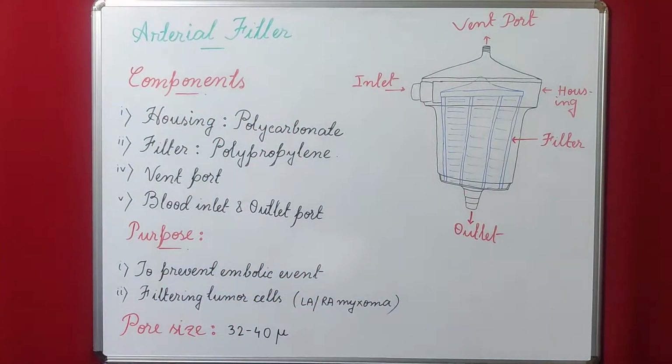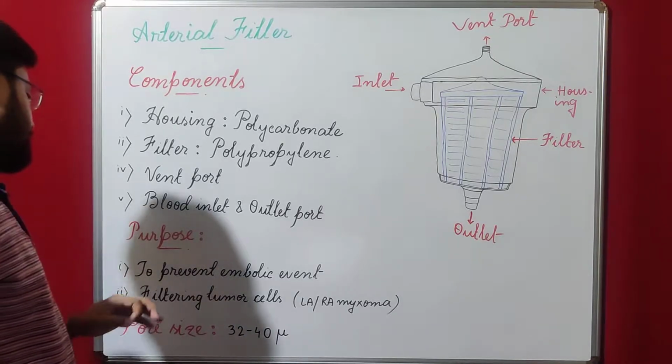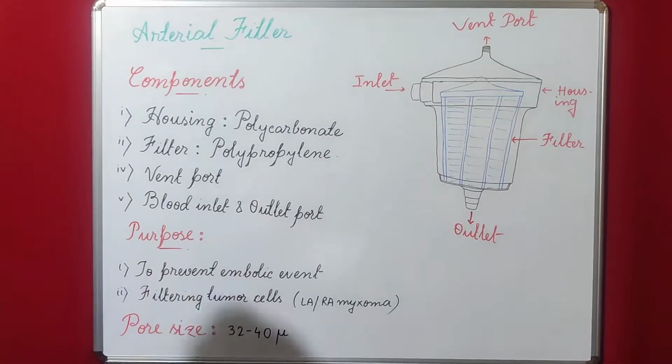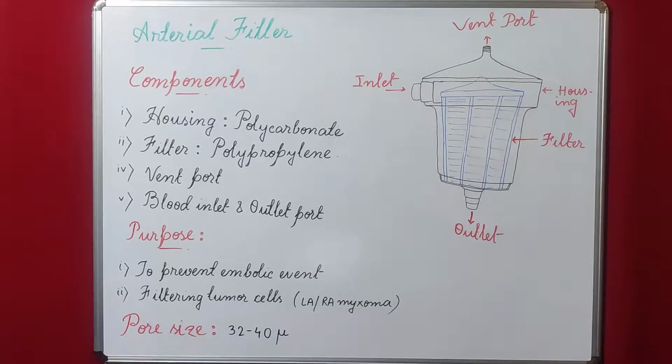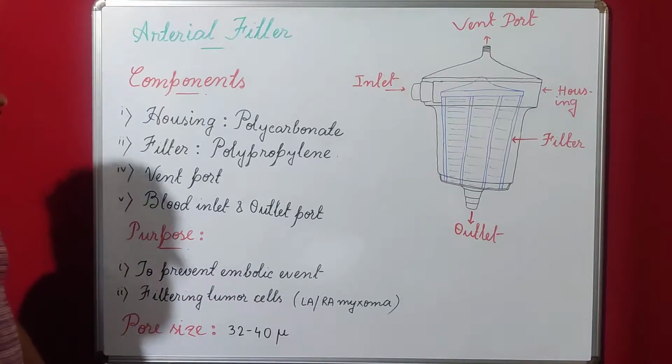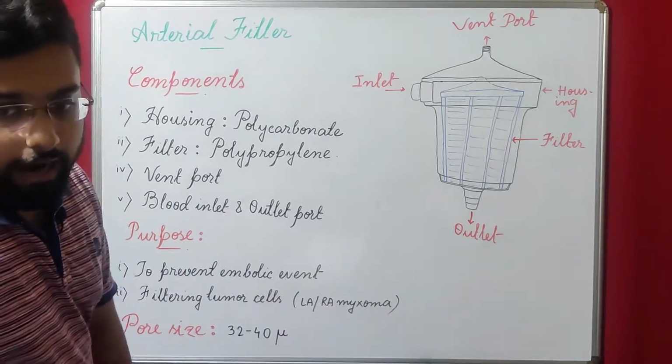So this is the main purpose of the arterial filter, to prevent embolic events, and another is filtering tumor cells in cases like LA myxoma and RA myxoma.